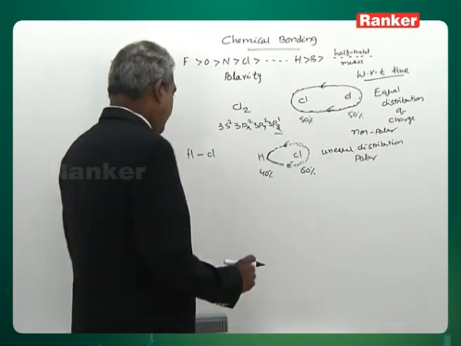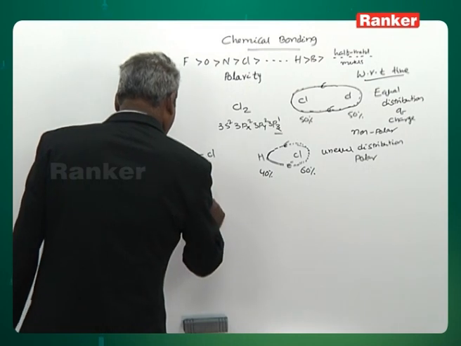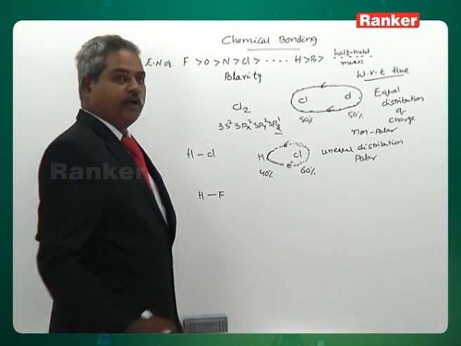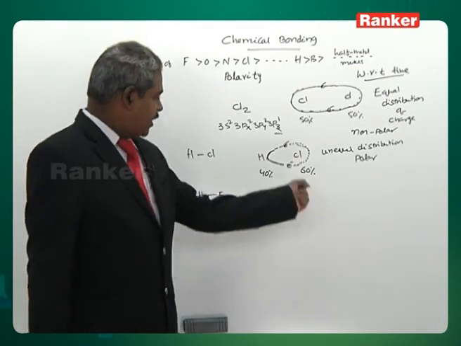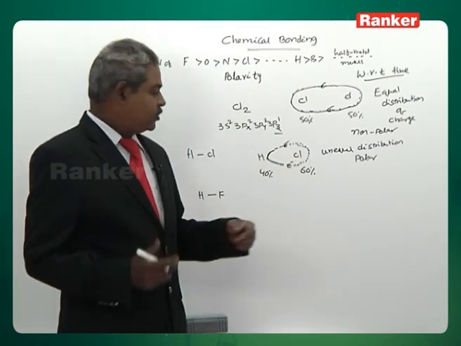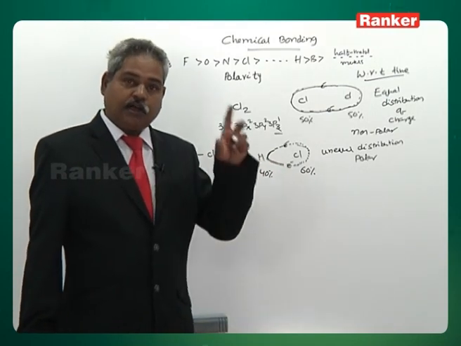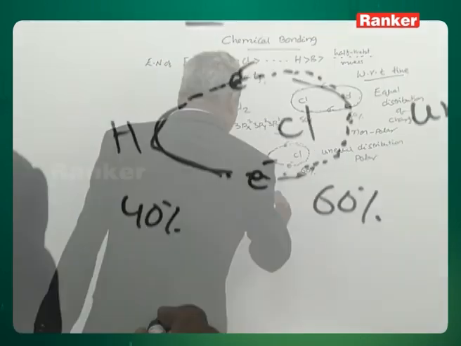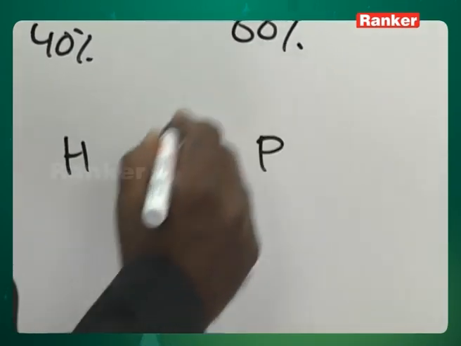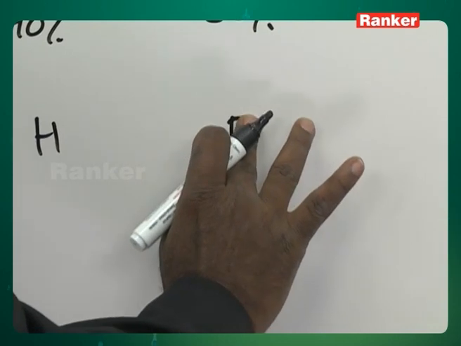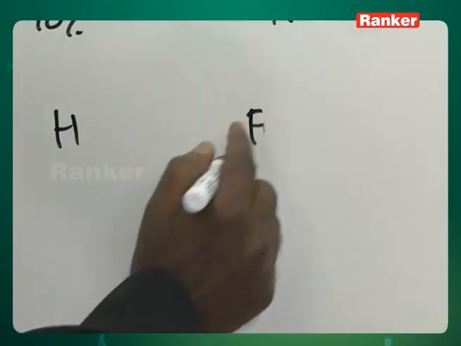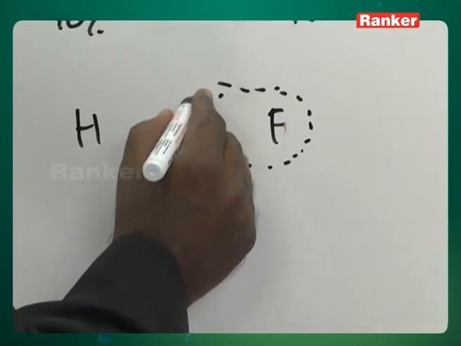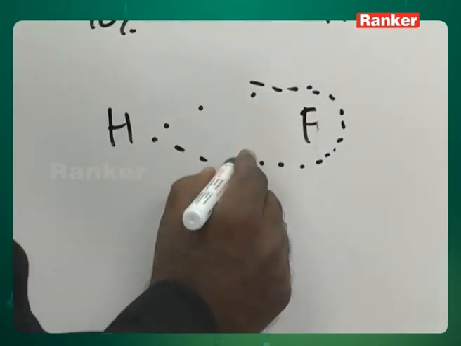And observe HF. Fluorine is in fact the most electronegative. Therefore, it keeps the electrons more towards itself. The electrons will not leave fluorine at all. They stay a long time with fluorine and spend very few moments with hydrogen. Look here, the electrons are spending a lot of time here and very little time around hydrogen.